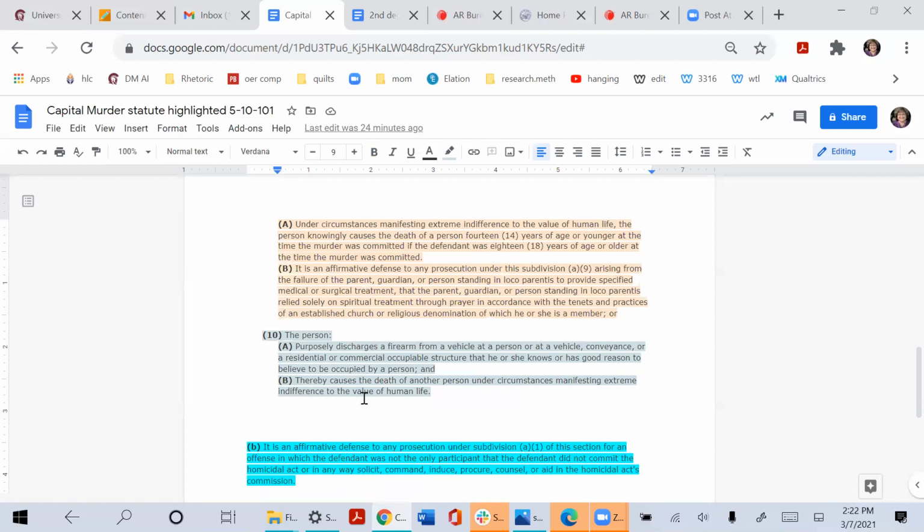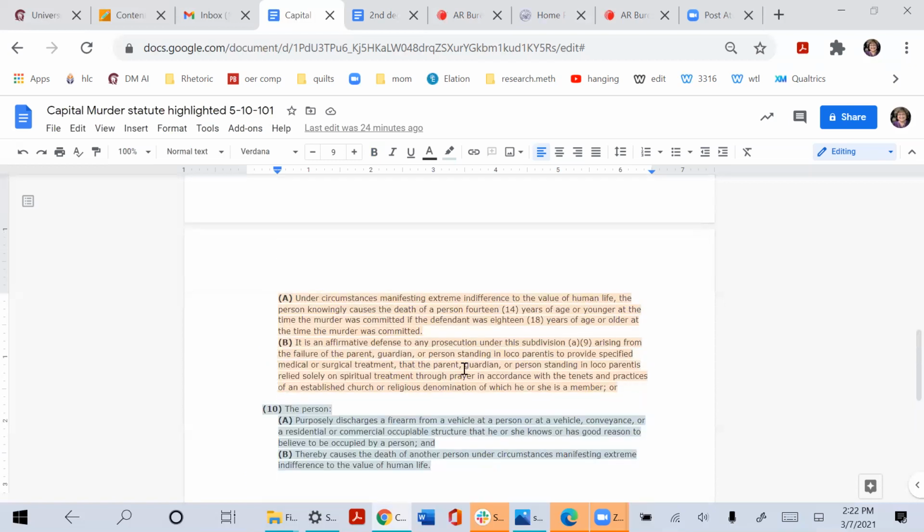So there is no premeditated and deliberated in the number 10 item, but again, a situation is so bad, so negative, that if the person is seen as causing the death under circumstances manifesting extreme indifference to the value of human life, it is again elevated to the level of capital murder.